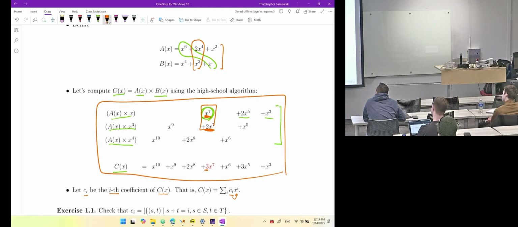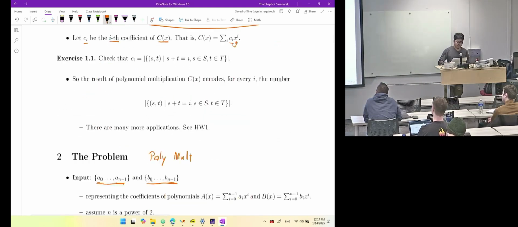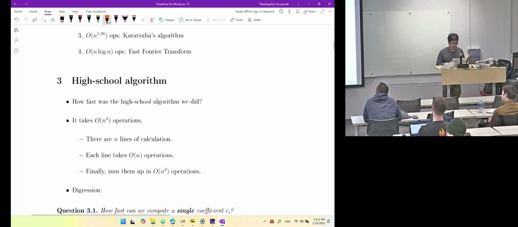There can be n many terms in each of these polynomials. I hope you are convinced that this algorithm will work for any polynomial, but the running time is gonna be n squared, right? Because you spend n time per line, and there are n many lines, and then you add them up at the end. So it's n squared time in total. Okay. So that's not good, but at least it works.